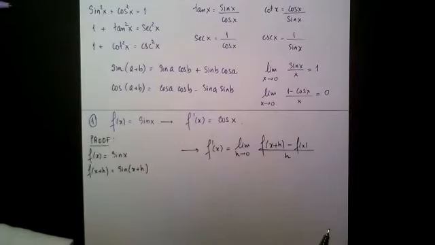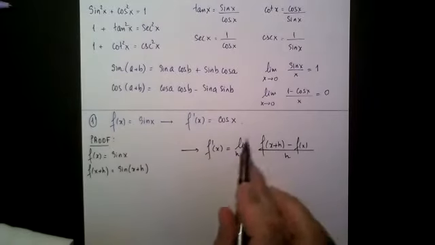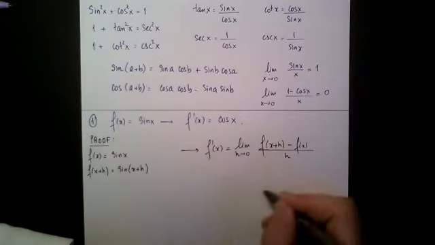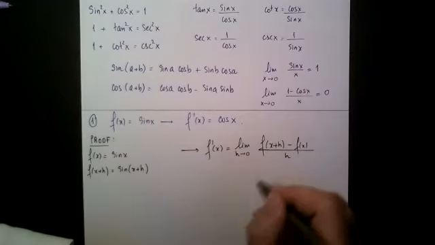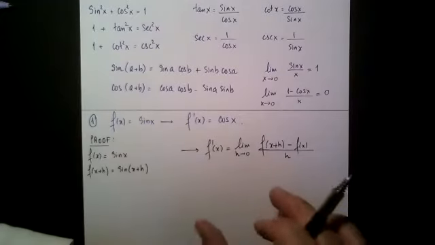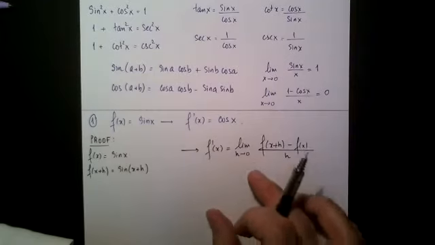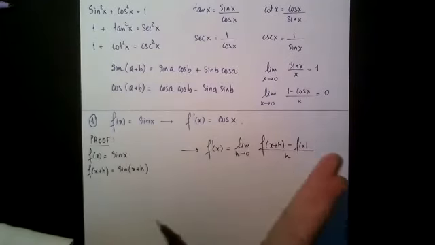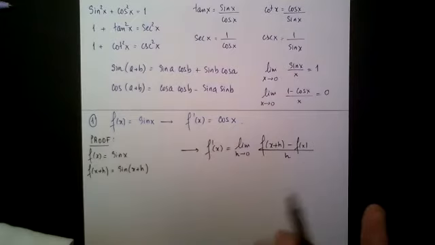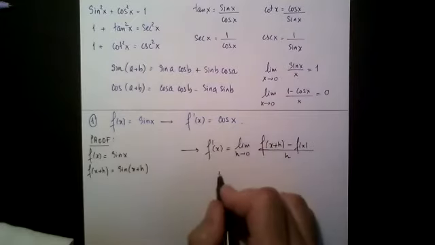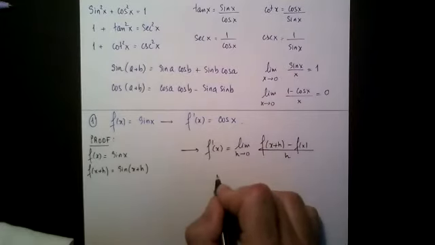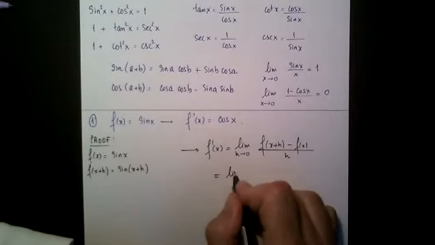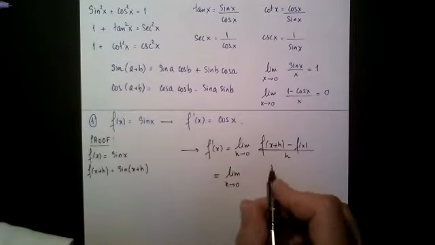Again, our definition. Okay, which we all remember where it comes from. It comes from the graph. You remember we did the approximation and finding the limit of the secant slopes, of the segments until it gets close to the tangent. That's where it comes from. So equals limit as h approaches 0.